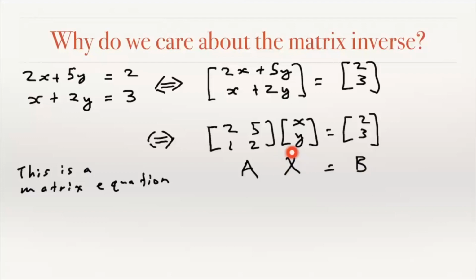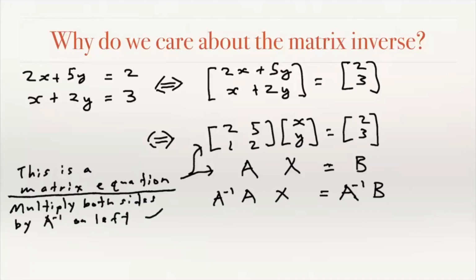So we let capital X be the unknown matrix x, y, and A be this 2 by 2 matrix and B be 2, 3. This is AX equals B. So any system of linear equations is equivalent to a matrix equation and vice versa. And we will be able to solve this with the following clever technique. If we can find the inverse matrix to A, then we can multiply both sides by A inverse on the left, like that.